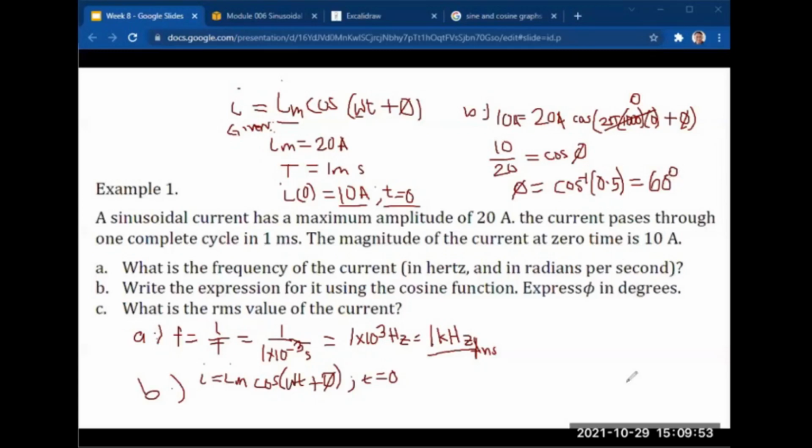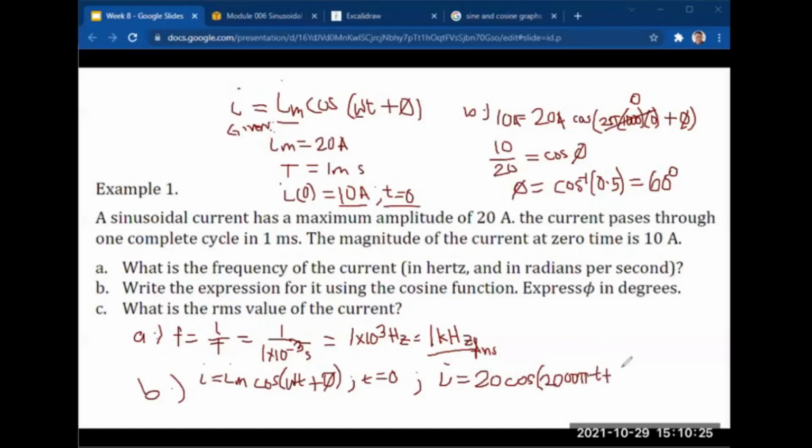Therefore, if we write our equation, I, maximum current is 20 amperes, so 20 cosine of, again, omega is 2 pi f, which is 2 pi times 1000, so this is 2000 pi t.